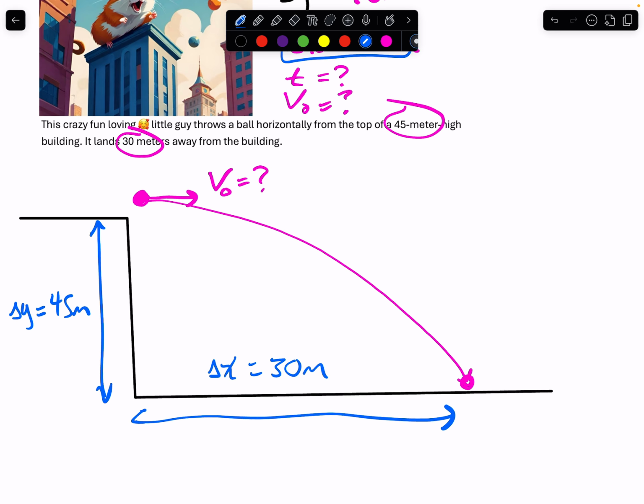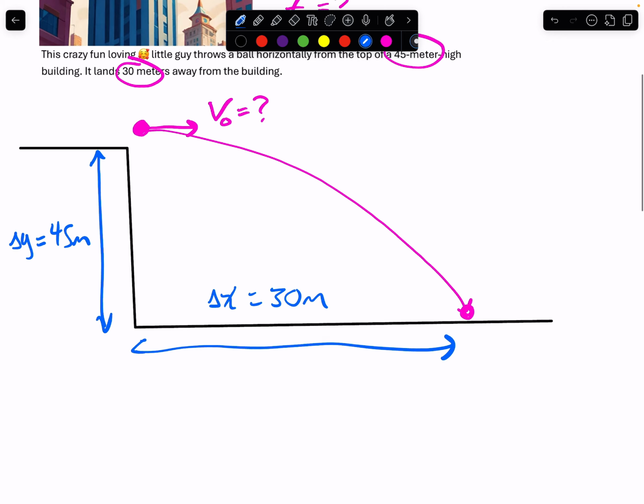So then, time. How long does it take to fall? We did this yesterday and last week and the week before that, but that's okay. So here we go. The equation we're going to use to find time here is delta y is equal to 5t squared. So the delta y is 45 meters.